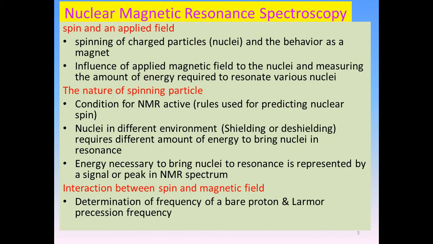And the nuclei, when kept in different environments, require different amounts of energy to bring them into resonance. Those conditions are said to be shielding or deshielding. Then the energy necessary to bring the nuclei to resonance is represented by a signal or a peak in the NMR spectrum, so that is the ultimate output of this technique. Then the interaction between the spin and the magnetic field, which will lead to the determination of the frequency of the bare proton and also the Larmor frequency.